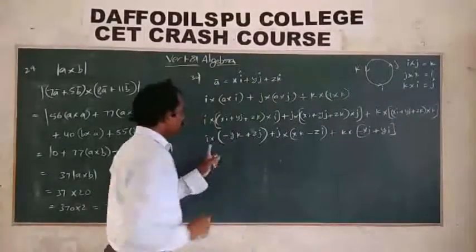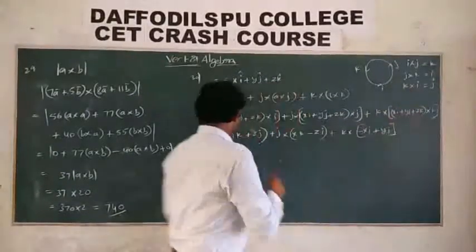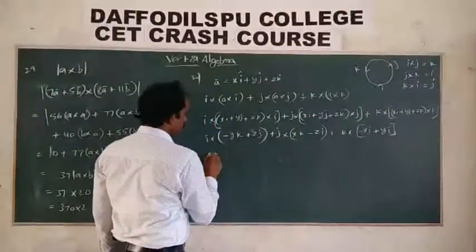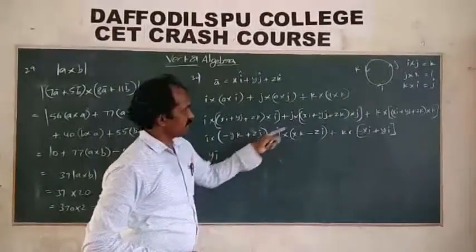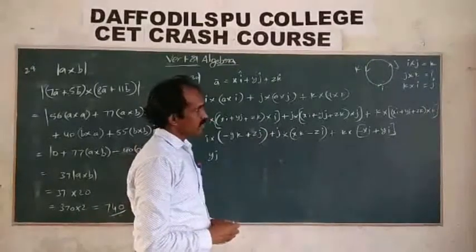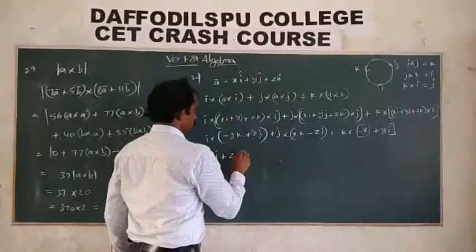Now I cross k: k cross I is there, I cross k is minus j, minus into plus yj. I cross j is k, plus zk.